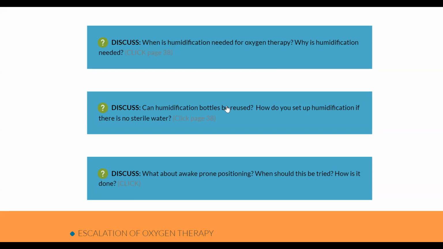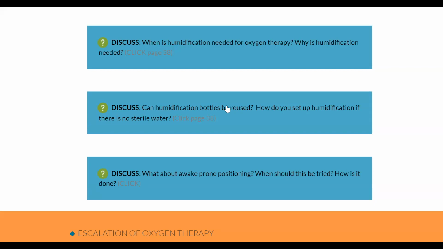So whenever you're giving high flow, start thinking about humidification, especially when you're above 60 liters. And also if you're bypassing the nose, but we don't usually use nasopharyngeal oxygen devices.